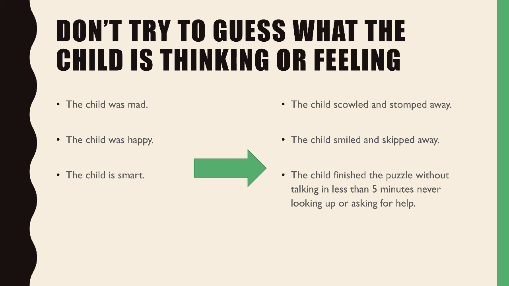You're not giving me a running record of absolutely everything, but that is what we would call an anecdotal note. It's very specific. It tells me about approximate time, length of activity, and it gives me some clues as to what the child did, not looking up, not asking for help, which means it was an easy task for the child. So these all help me have a better understanding of what's going on.